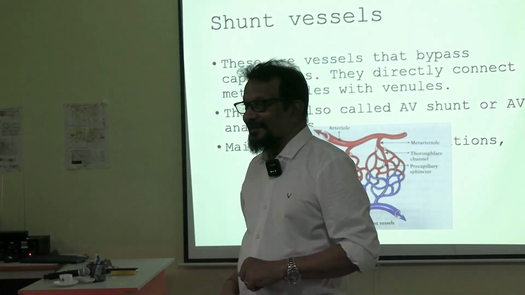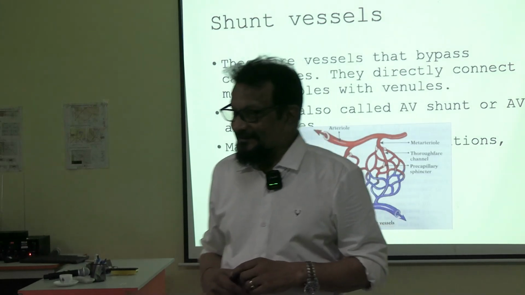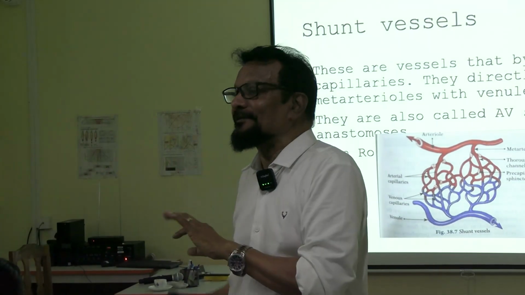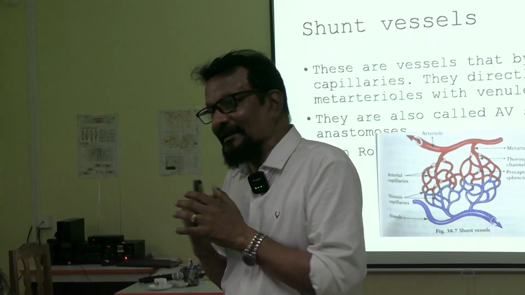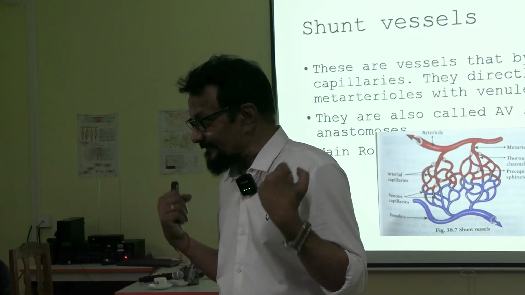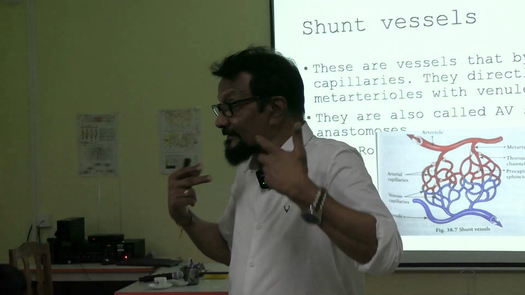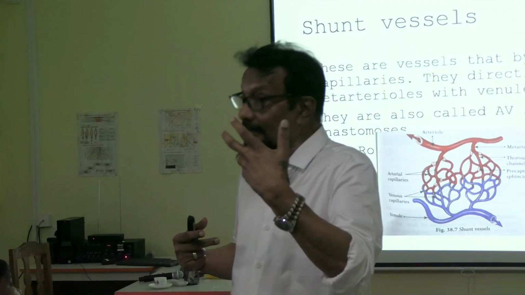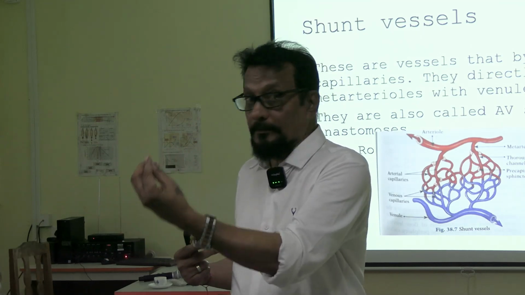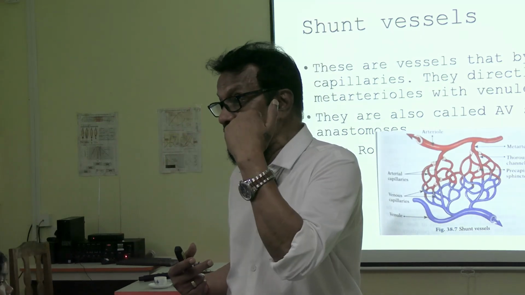I said, under normal conditions, we have a lot of capillaries, but all capillaries are not active. They remain dormant. If necessary, when I have started exercising, my energy demand, tissue demand for oxygen and nutrients has increased.